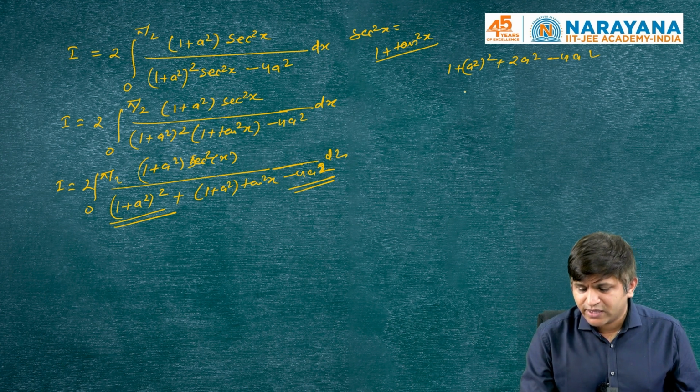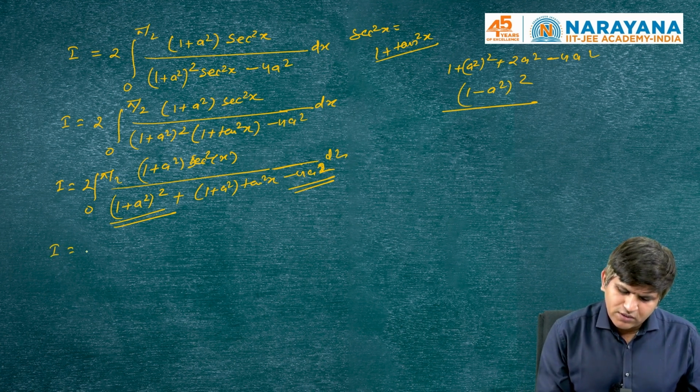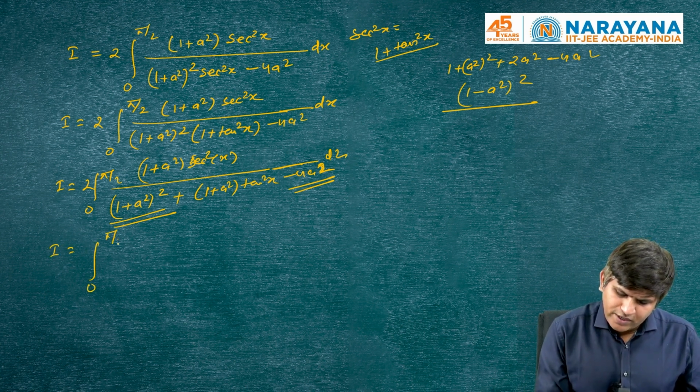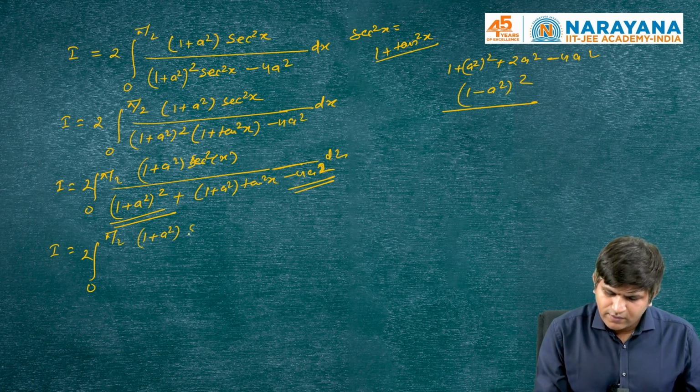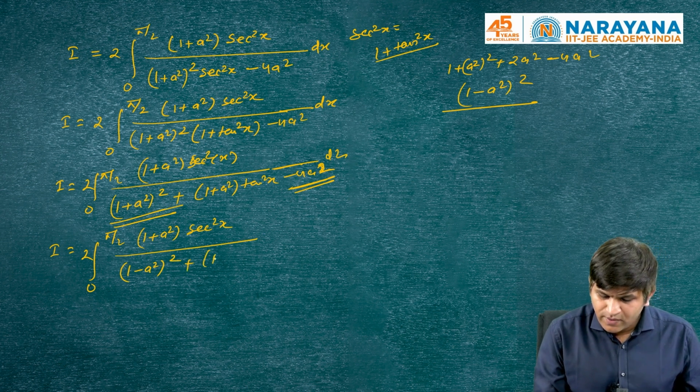So we can write this as 1 minus a square whole square. Okay, so now we can write this as integral 0 to pi by 2 twice of that, and this is 1 plus a square sec square x divided by, this part we can replace with 1 minus a square whole square plus 1 plus a square tan square x.